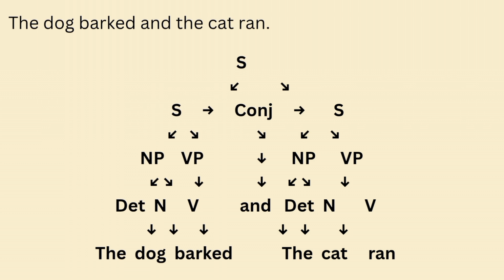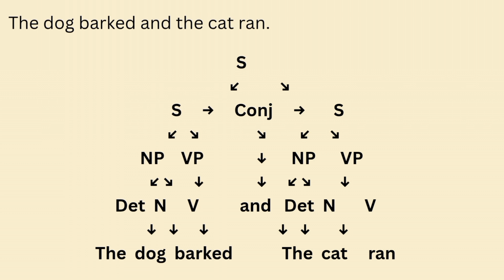In the tree diagram, each clause has its own subject, or the noun phrase, and the predicate, the verb phrase. In the first clause, the noun phrase is "the dog" and the verb phrase is "barked." For the second clause, the noun phrase is "the cat" and the verb phrase is "ran."